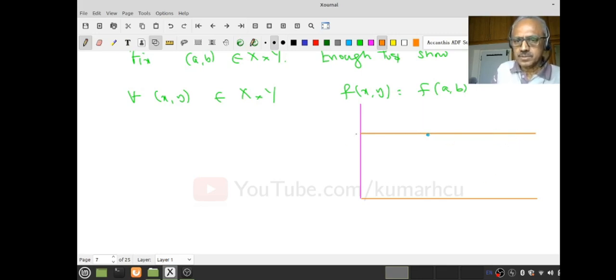This is my b and this is my a. Therefore this object is nothing other than x cross singleton b, right? Okay, and similarly, let us look at this one.